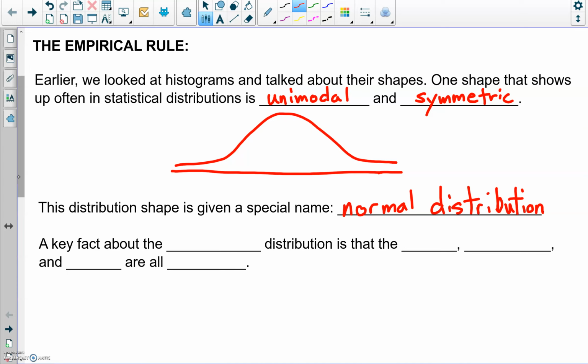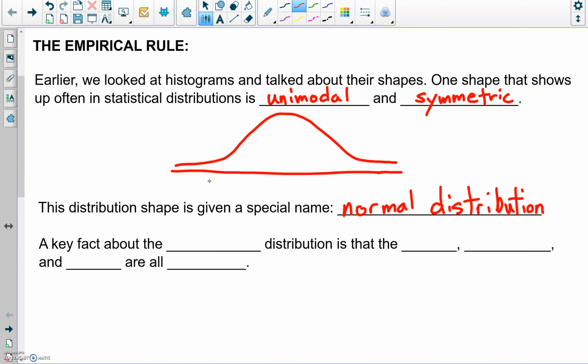So many things in nature, when you measure certain characteristics of them, end up forming a normal distribution. That's because in nature you've got a lot of stuff that's common that forms the bulk here, the bump in the unimodal symmetric shape. And then you have some outliers on the low end, outliers on the high end that give you the tails on both sides. And typically those tails are about the same size.